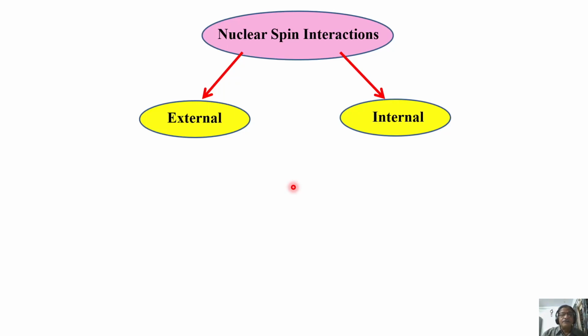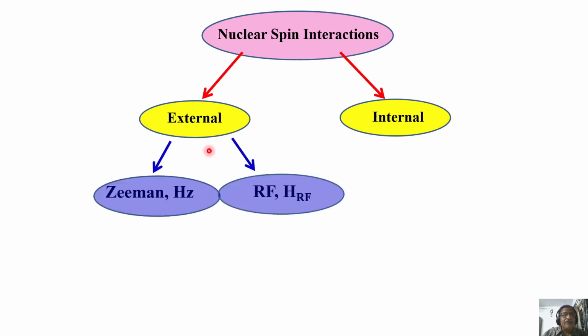E is equal to minus mu dot B naught I wrote, where magnetic moment was interacting with the magnetic field. This is an external magnetic field. As I said, NMR spectroscopy requires a huge external magnetic field. And this was the first and foremost external interaction, which we have already discussed, which we also called as Zeeman effect. This is a Zeeman interaction.